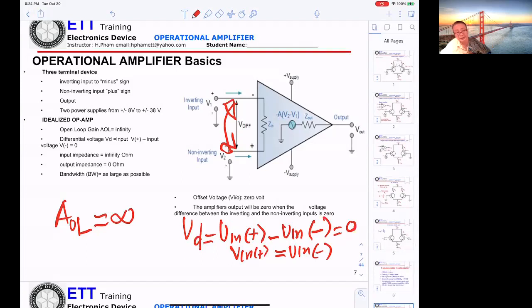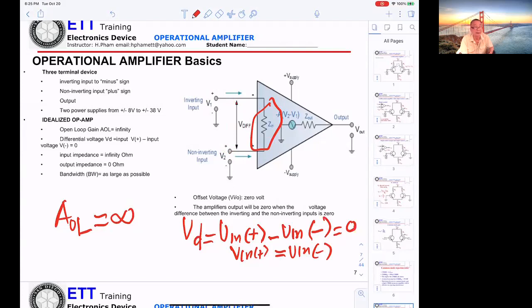And also they're telling you input impedance. Okay? There you see the resistor right here. Input impedance, they want it to be infinity. Why do they want it to be infinity? That means the value will be very, very big for the resistor.